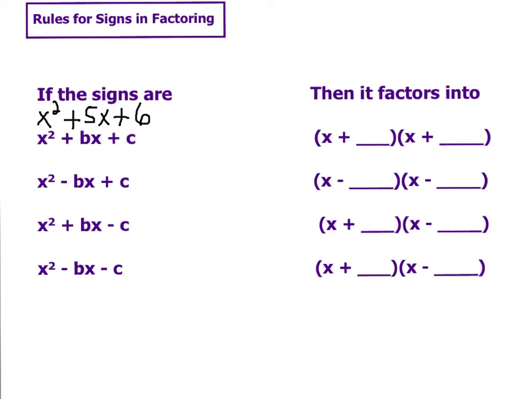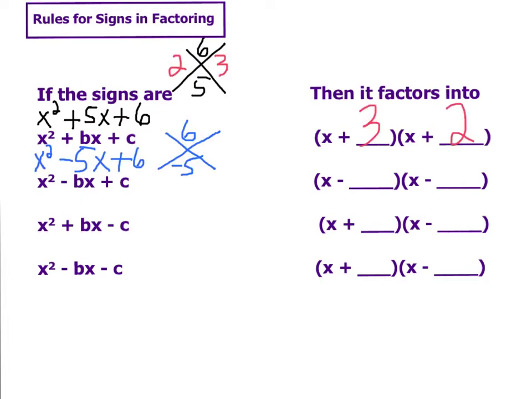What happens if the third term is positive, but the middle term is negative? Well, that means that you have a negative multiplied to a negative that equals a positive. But when you add a negative to a negative, you get a negative. Okay, let's look at an example. If this is our trinomial, x squared minus 5x plus 6, we say to ourselves, what times what will be 6, but it will add to negative 5?